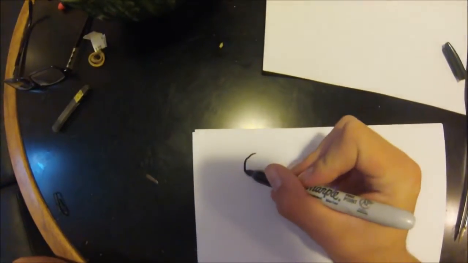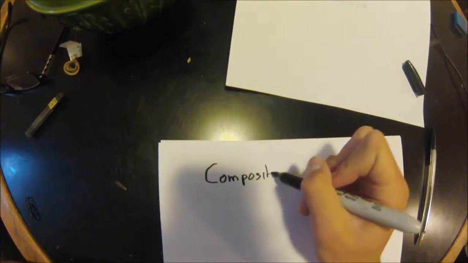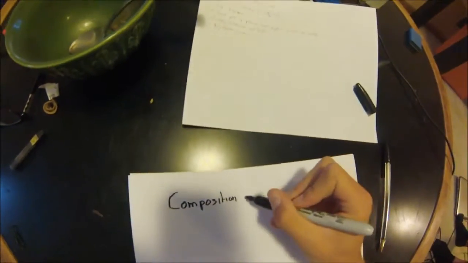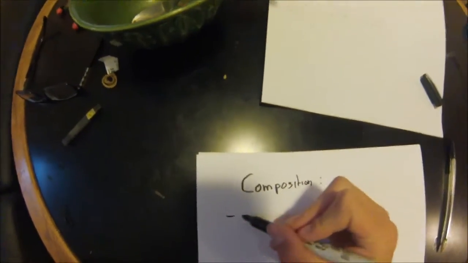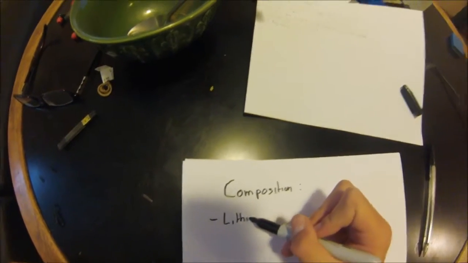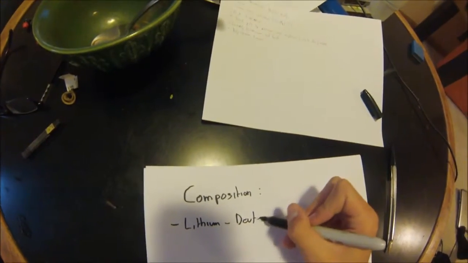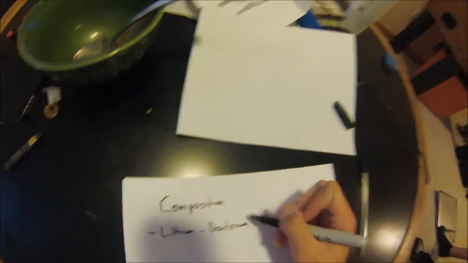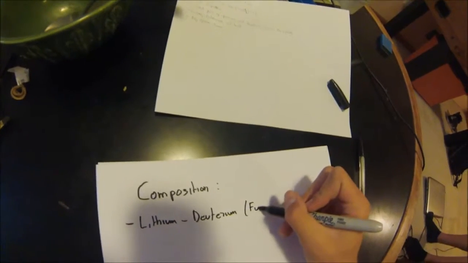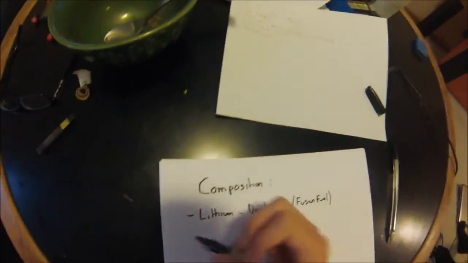Well, ladies and gentlemen, we are here explaining the composition of the fission bombs. The first component of the fission bombs is lithium deuterium, and this is the fusion fuel.